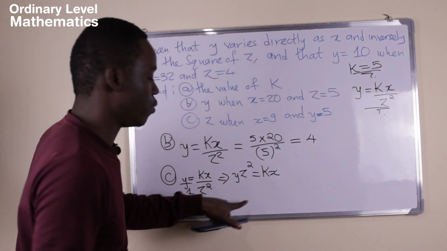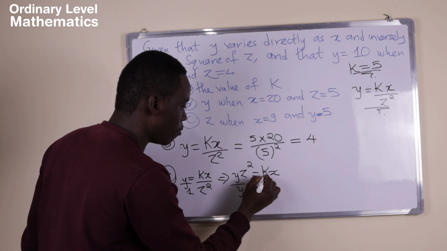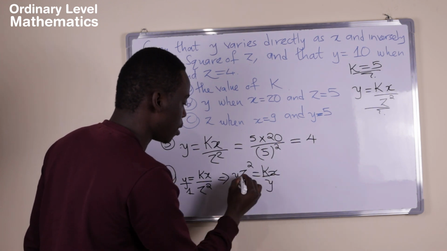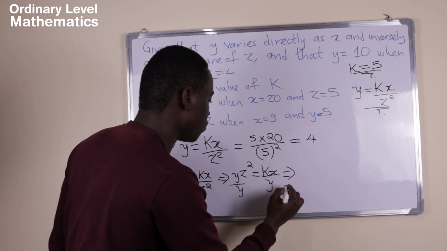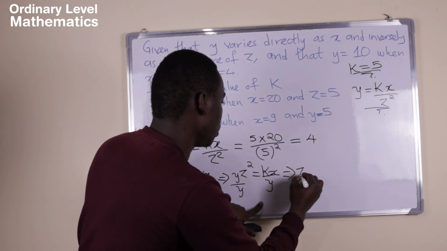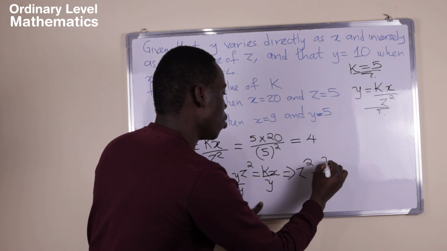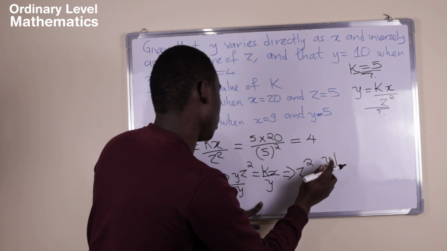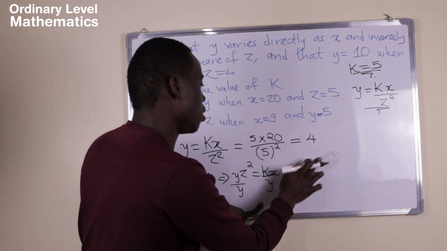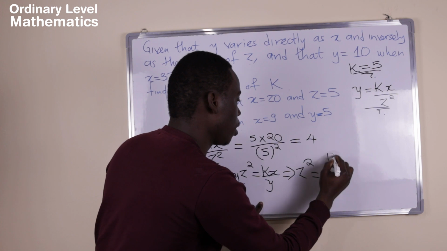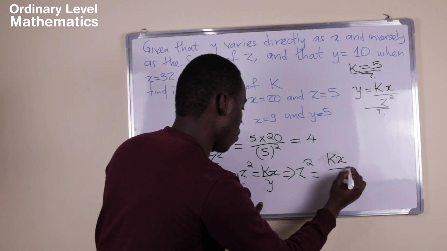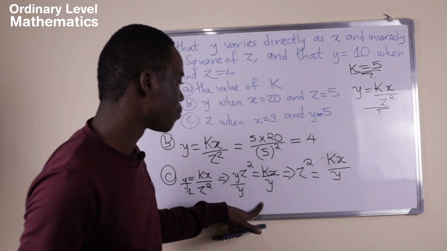Now to find the value of z, we divide by y, hence z squared will be equal to kx over y.